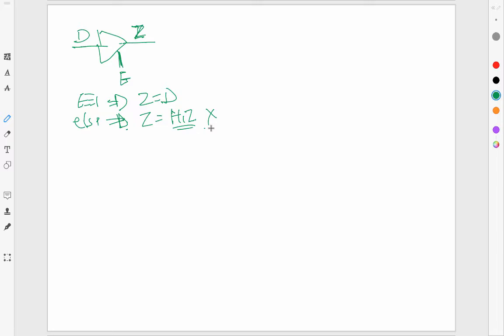That is not okay. And the second thing is the output should have some value. It should not float, because it is going to feed some following circuitry, and floating things are bad. So the output should have a value, 0 or 1. It cannot float, and it should never be the case that I have conflicting gates.